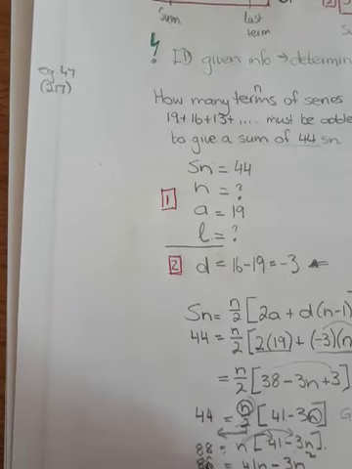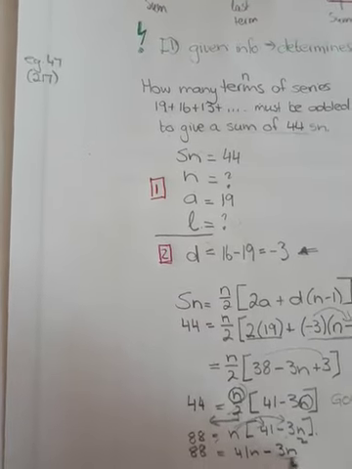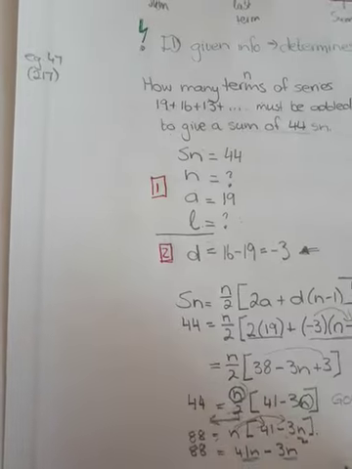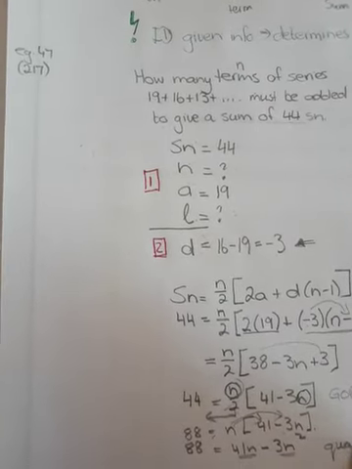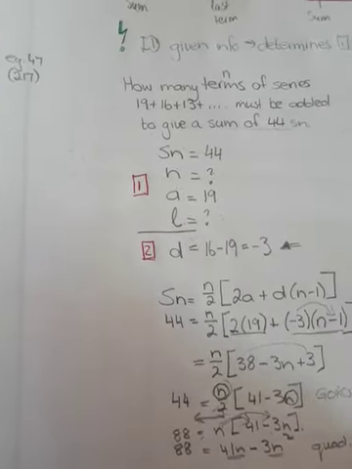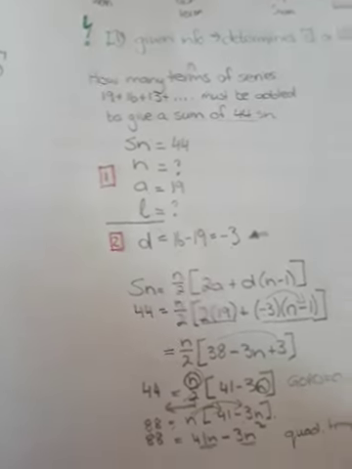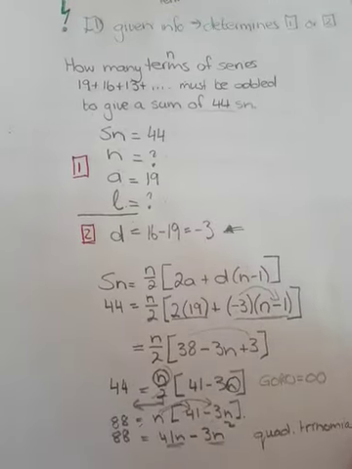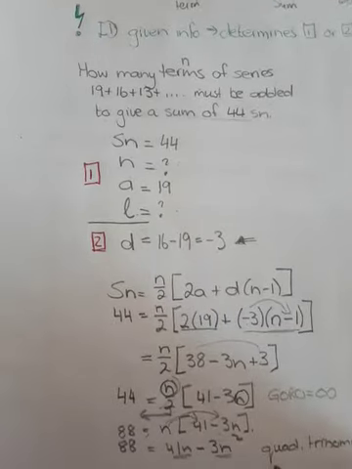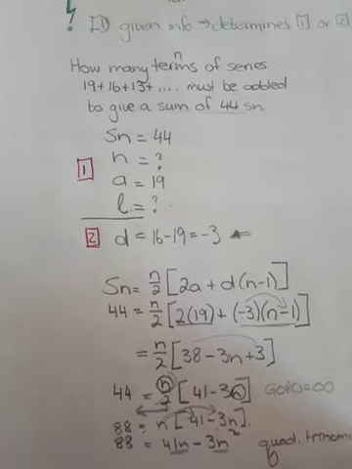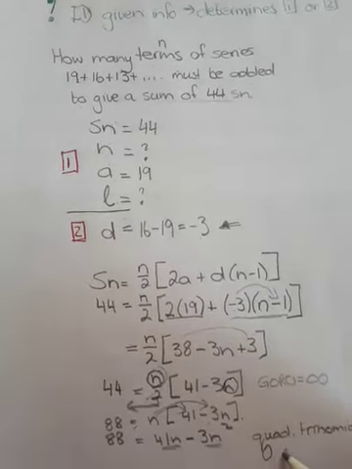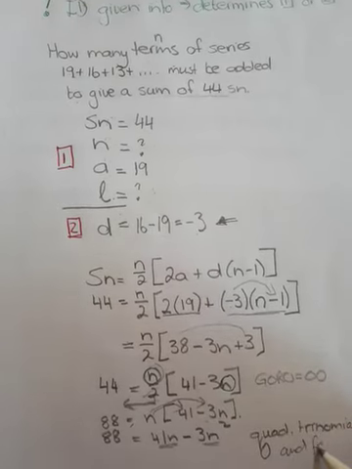On the left hand side, we've got 88. So immediately, people, when you see that, you must think of a quadratic trinomial, which we can solve by getting one side equal to 0, and then we can factorize.